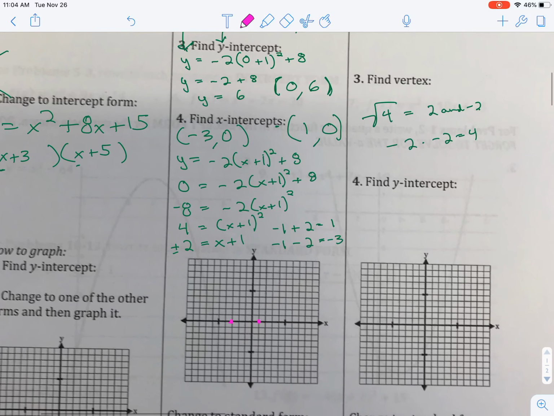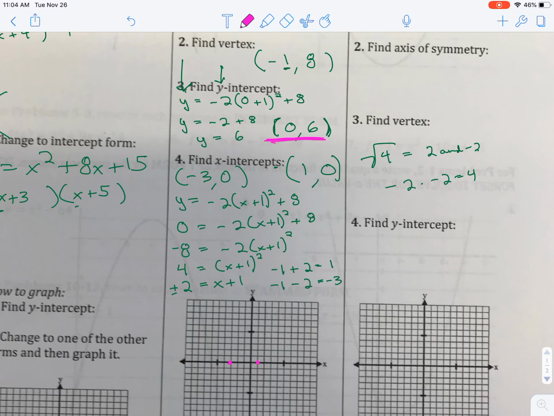Well, we know what the y-intercept is because we solved for it here. The y-intercept is 0, 6, okay? Which is 0 over and 6 up right there, okay?